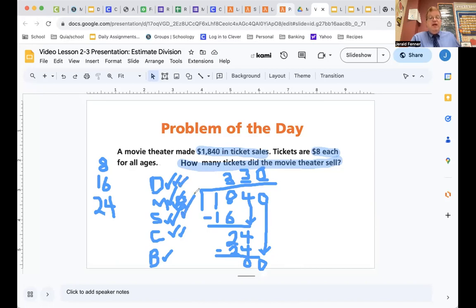When we subtract 0 minus 0, it's going to be 0. When we compare, is 0 less than 8? The answer is correct. It is. So then we're going to bring down. Is there anything else to bring down? No, there is not. So our final answer is 230 tickets. And I'm going to spare you me trying to write tickets with my finger. So we are going to move on.